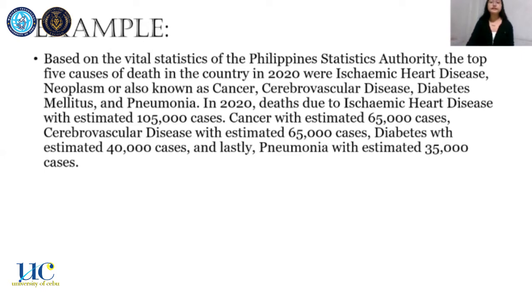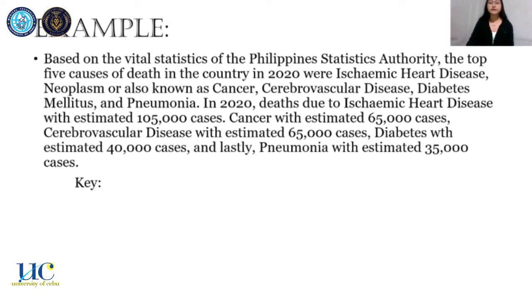In 2020, deaths due to ischemic heart disease had an estimated 105,000 cases, cancer with estimated 65,000 cases, cerebrovascular disease with estimated 65,000 cases, diabetes with estimated 40,000 cases, and lastly, pneumonia with estimated 35,000 cases.